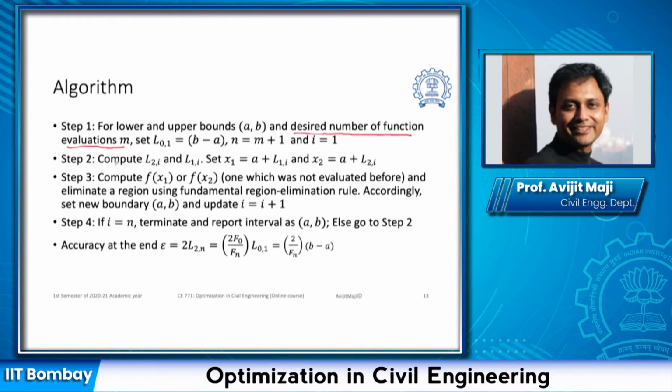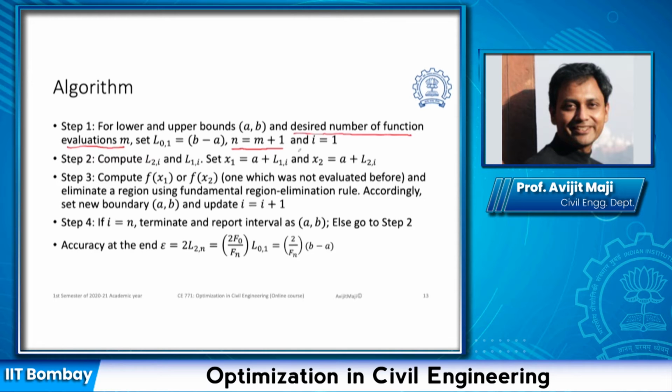If you see that in each iteration we are evaluating at least one function value, and in the first iteration we are evaluating two function values, then the total number of Fibonacci numbers we need is going to be one more than the number of function values we are going to evaluate. So n is going to be m plus 1.